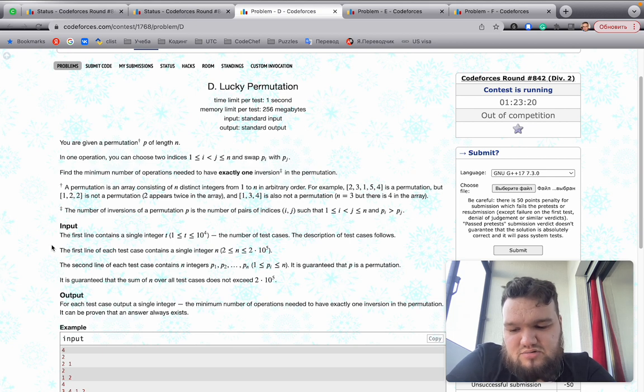So how do we check if we can get to exactly one inversion with k-1 moves? Well, a permutation with exactly one inversion has n-1 cycles, and one of those cycles is of size 2, and it should contain two consecutive numbers.